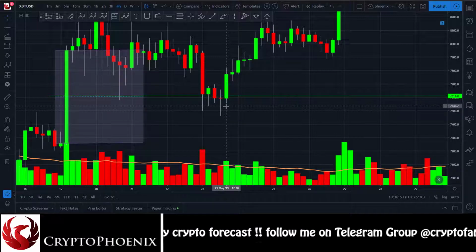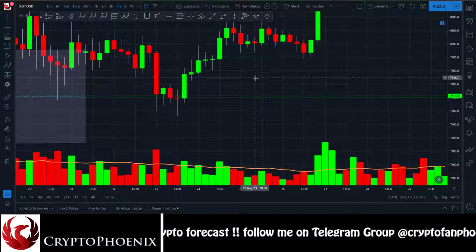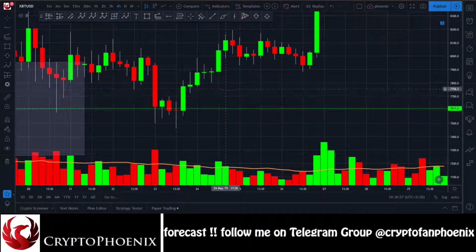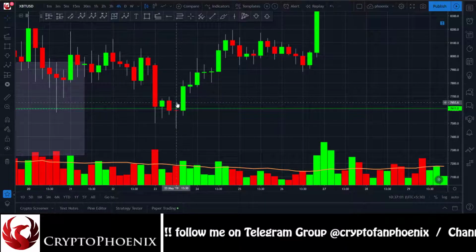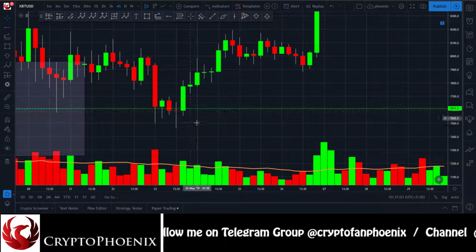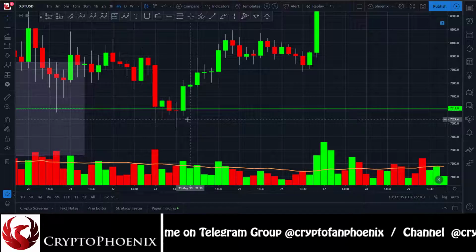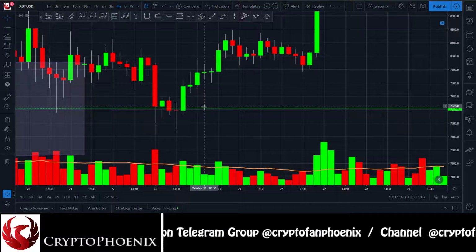So this candle is always followed by a green candle, and you can see that the second candle was actually a green candle. So your morning was much happier.